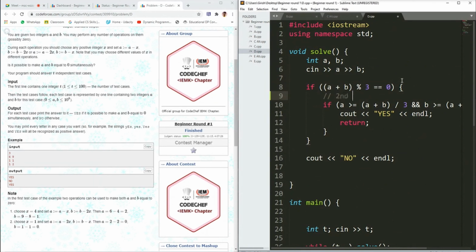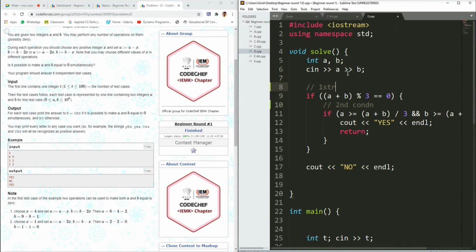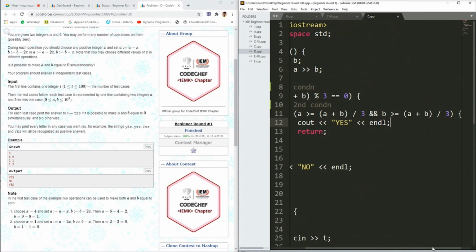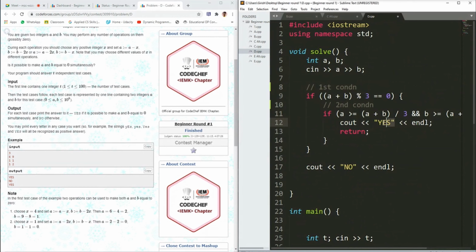This is my first condition, and this is my second condition, which is that both A and B should be greater than or equal to A plus B by 3. Only then will I output yes. And in all other cases, I will output no. So that is the logic of the program. I hope everyone understood this.